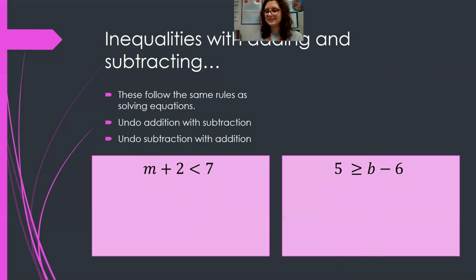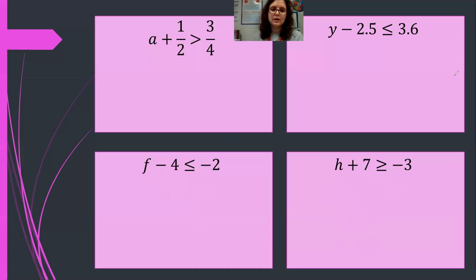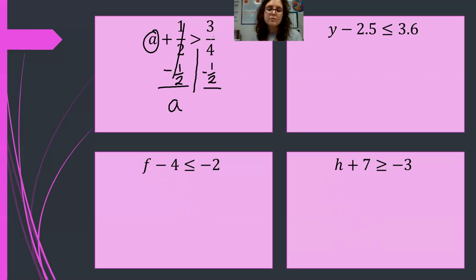Let's look at some more examples. Our first one is fractions. We're going to treat this the same way. Split the sides, isolate my variable. We undo addition with subtraction. These are the same and they cancel. I have a on one side. I noticed that my fractions have different denominators.